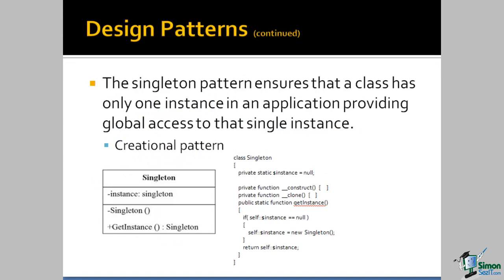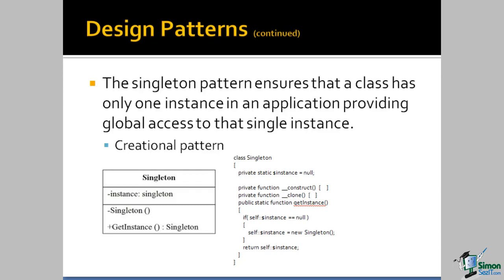The singleton pattern is a powerful pattern that allows us to create and manage the instance of an object, ensuring that there is only one instance of that object within our application. This is an excellent design pattern choice for classes that manage resources such as a database connection.